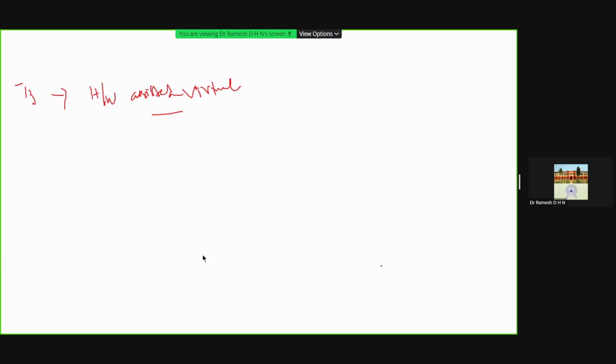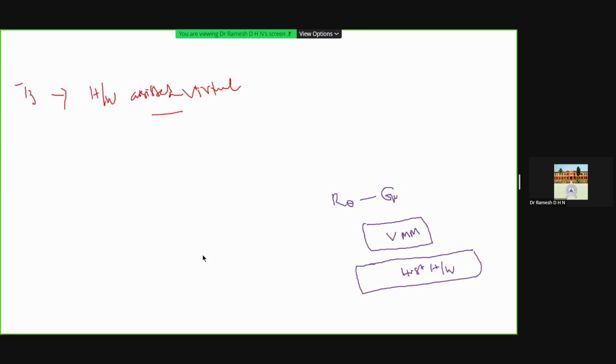As usual, I'll take the combination of host system hardware. Now I'll consider the virtual machine monitor again, but I'll make some changes here. This is ring 0, my dear friends, which is a pure guest operating system design.